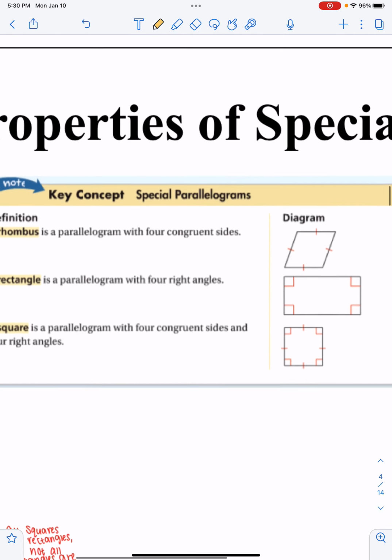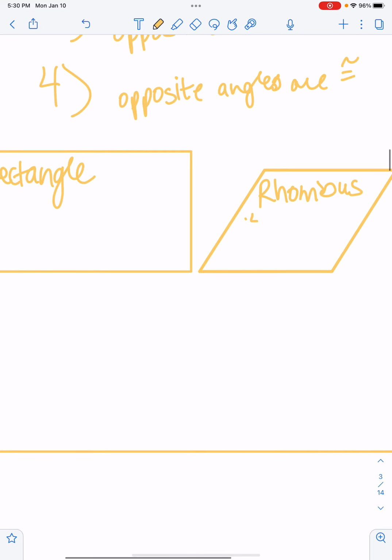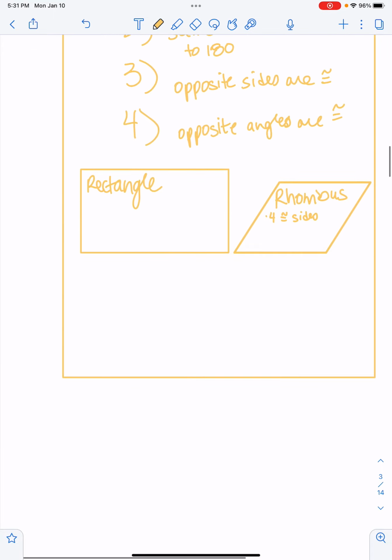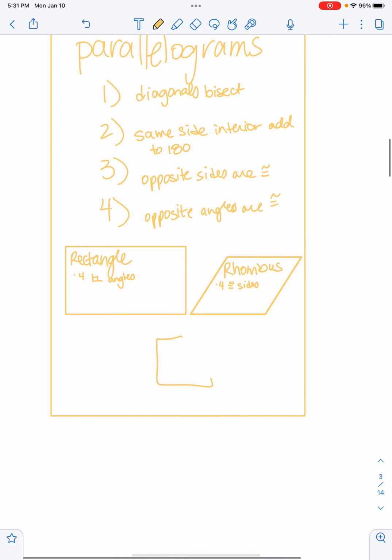So here's your basic ones. Rhombus has 4 congruent sides. And a rectangle has 4 right angles. Those are the ones we kind of know. And then a square, believe it or not, it has both of the rules for rhombus and rectangles.